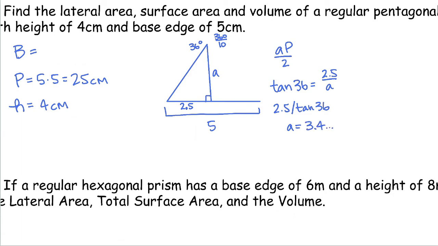And while it's there, let's go ahead and take that times our perimeter. So times our perimeter of 25, and I end up with 86.02, but then I have to divide it by 2 for my AP over 2. So my big B has a value of 43.01 dot dot dot.